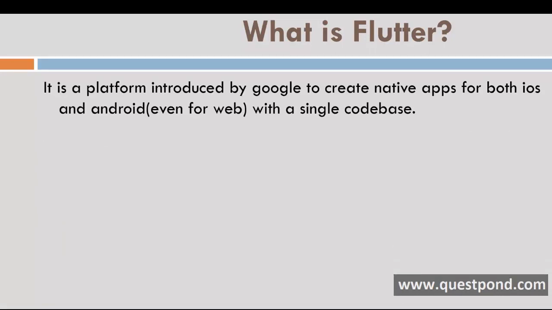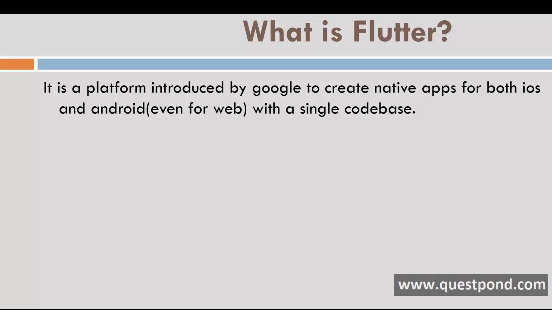So now what actually is Flutter? Flutter is a platform introduced by Google recently, you can say in 2018 or 19, and the main motto of this platform is to create native applications for both iOS and Android.